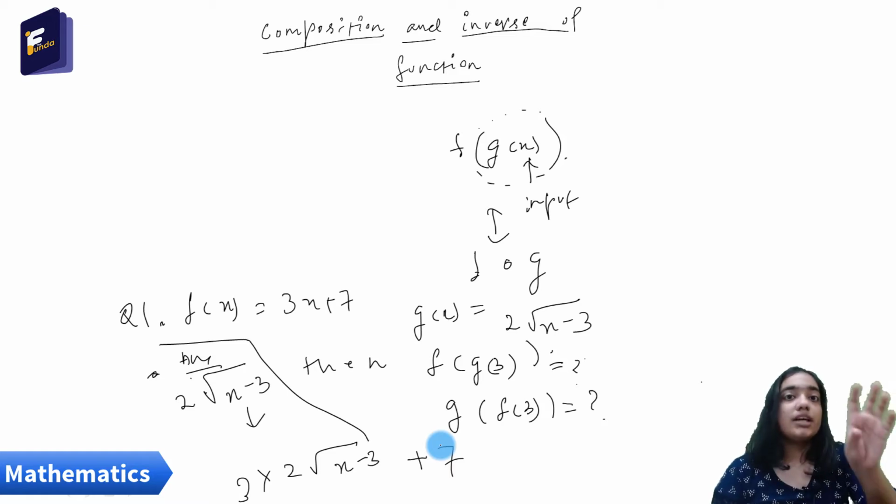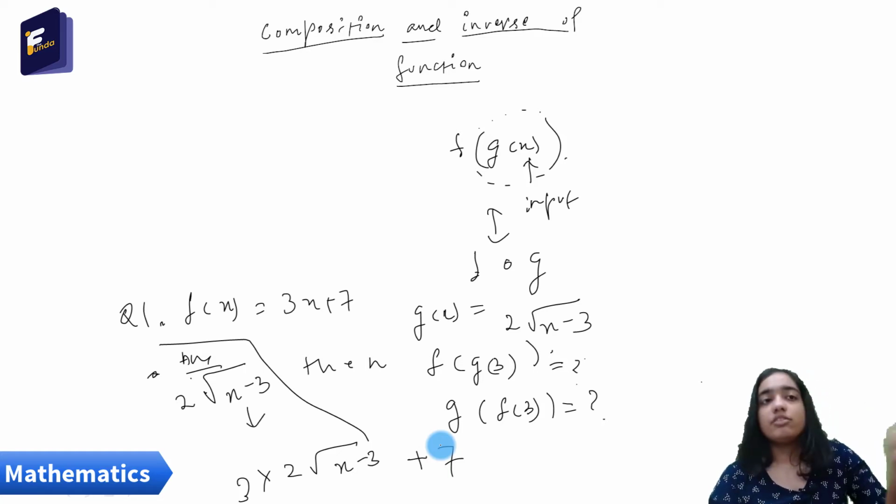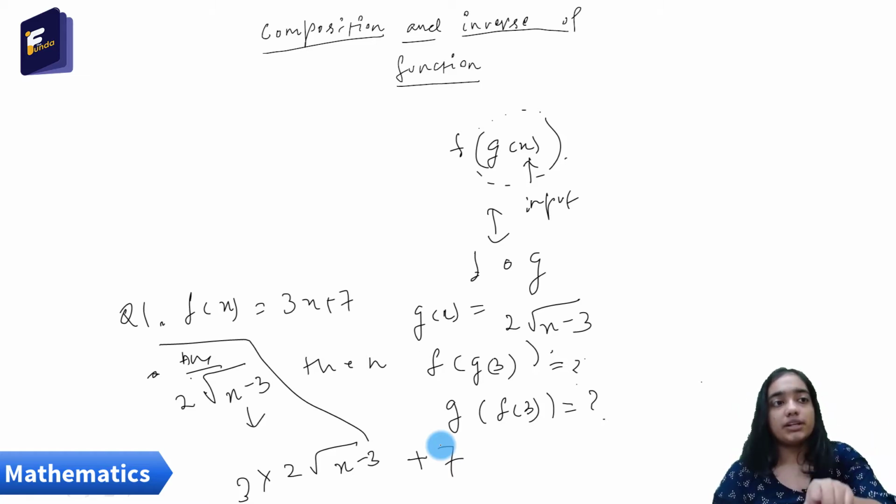Now our input is the output of g, which is 2 root x minus 3. So it will do the same thing with this input: it will multiply it by 3 and add 7 to it. So it is 3 into 2 root x minus 3, plus 7.